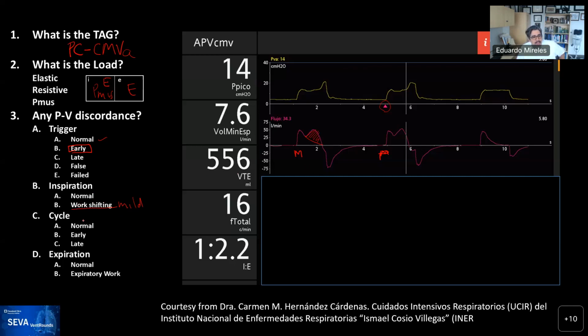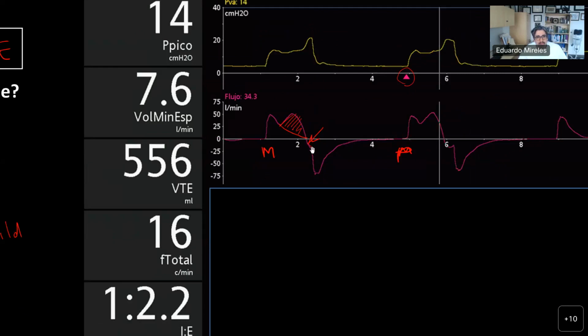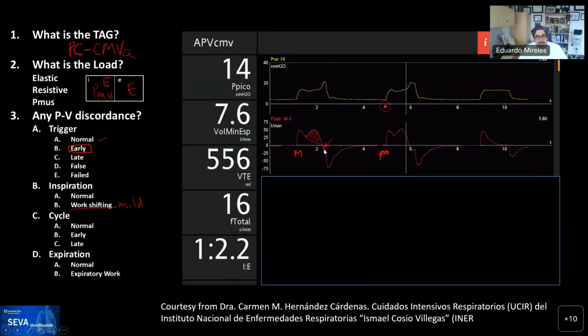And then in terms of cycle, the first breath actually cycles pretty close. You can see this little deflection right there. In that particular area, I'll make it big for you to see. That little deflection there tells me that the patient, and you can see how the pressure went up, was exhaling against the ventilator still, or relaxing the muscles with the ventilator still delivering pressure.